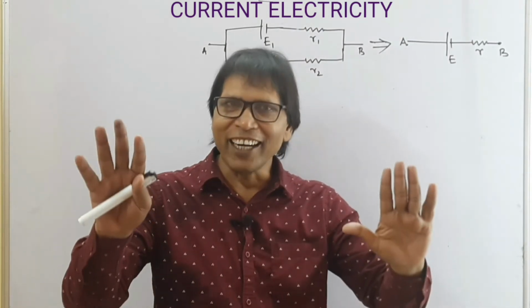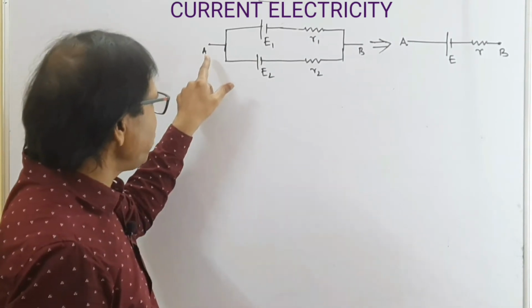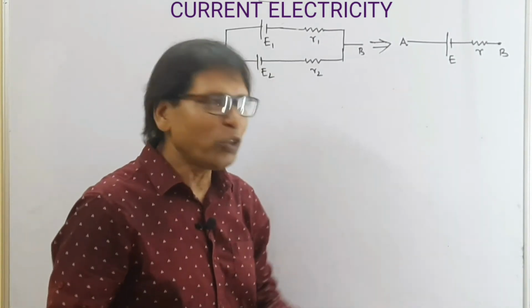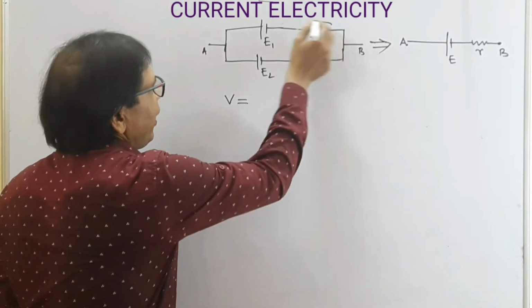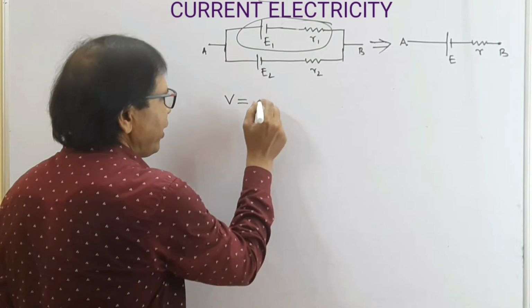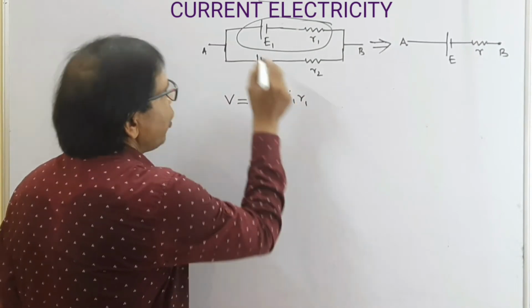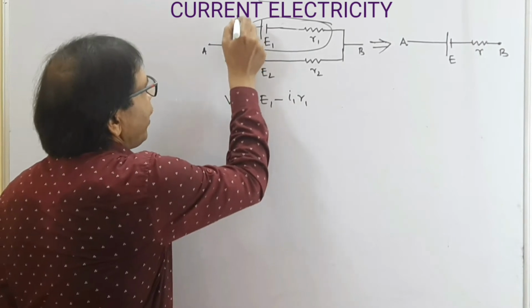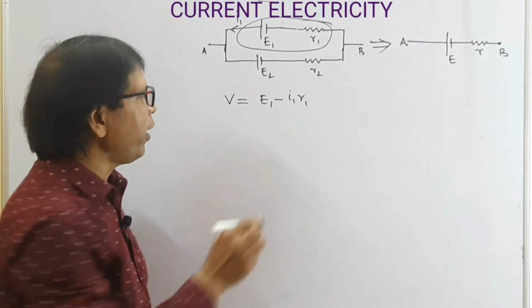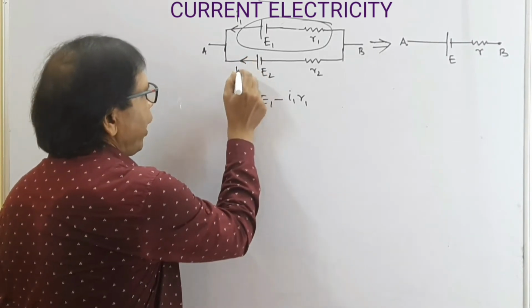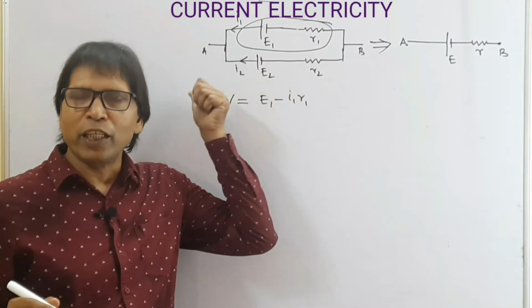Okay, now let's start. Suppose V is the potential difference between A and B. So look at this, the terminal potential difference V in this section is E1 minus I1 r1, where I1 is the current sent by the cell of EMF E1 and I2 is the current sent by the battery of EMF E2.